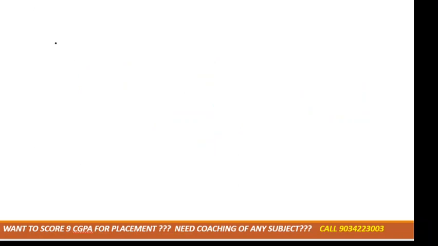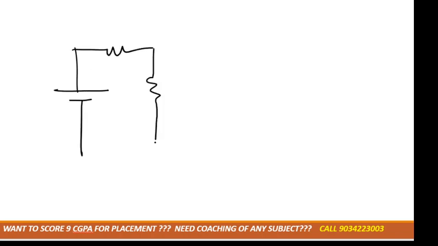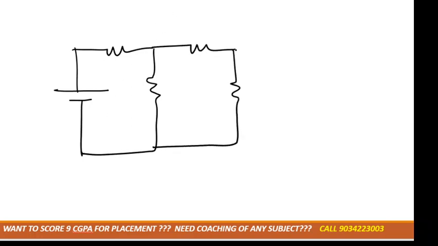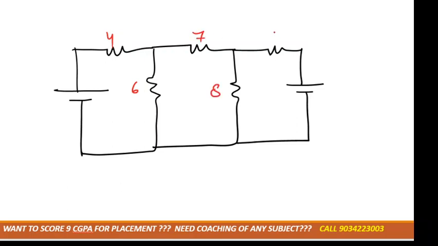Now we have to study in the form of a numerical what exactly Kirchhoff's current law is and how we can apply this method. Let us consider this diagram. In this, tell me how many meshes are there? 3 meshes.